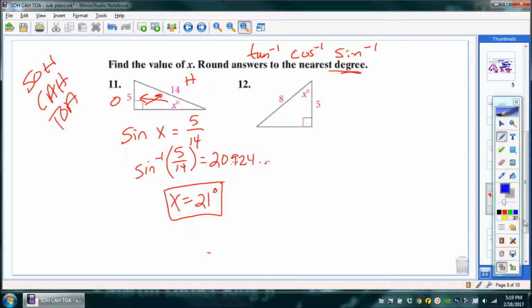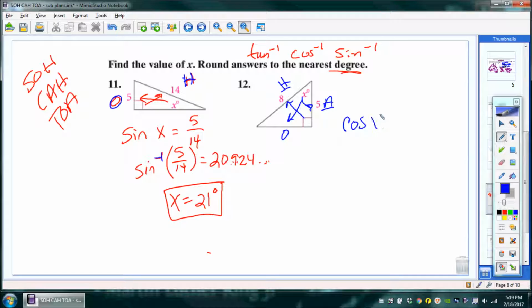So if you're thinking, how did you know to use the inverse sine? It's because I'm trying to find a degree. I always use the inverse. I know I'm going to use sine because I had opposite and hypotenuse. For this one, my opposite is there, hypotenuse is here, adjacent is there. So I have A and H, so that means I'm going to use cosine.